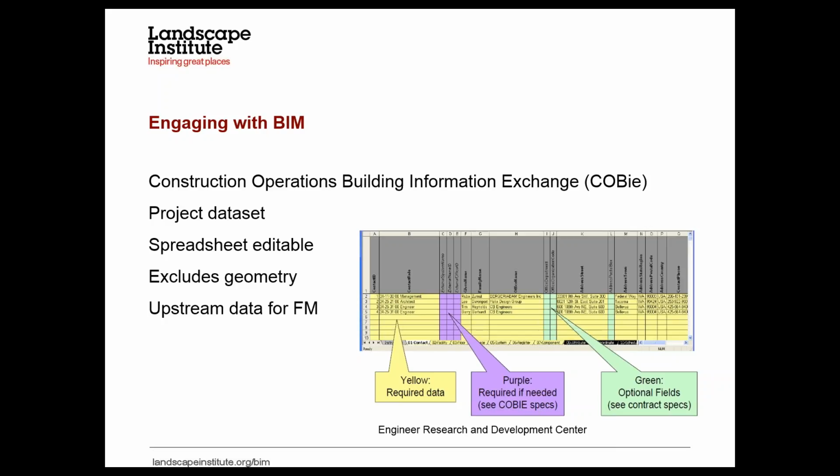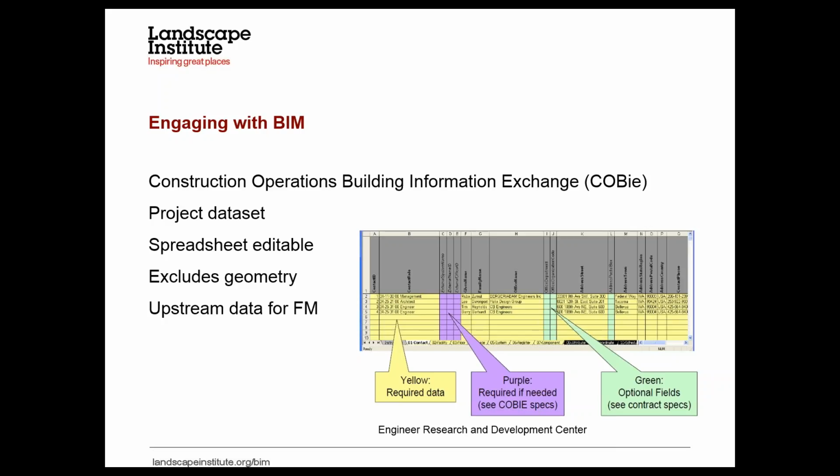It isn't, it's more than a spreadsheet, it's a data set, but it can be opened and exposed and edited in Excel, which means that anybody that can open Excel and can populate and copy and paste can exchange data and input into the BIM process, because even a manufacturer that doesn't have CAD can go in there and start putting information about the product code, information about fixing, etc., in the data sheet. It doesn't include any geometry, so this is just literally the data.